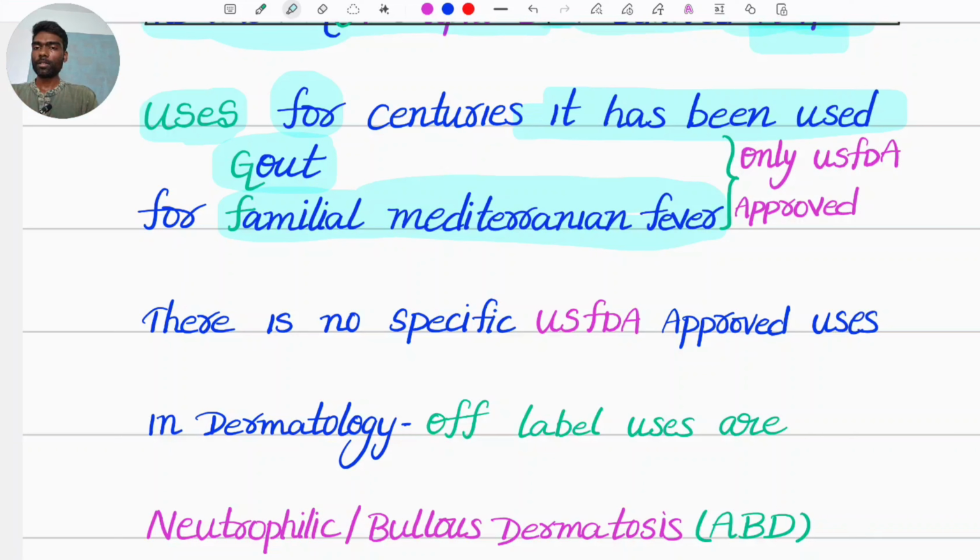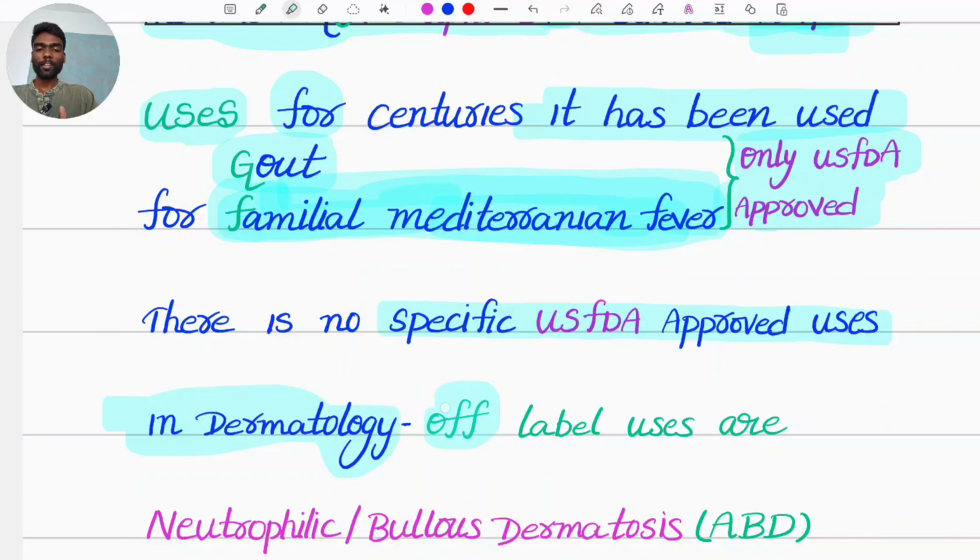If I have to say accurately, it is used for acute gout and in prevention of attacks, and for amyloidosis associated with familial Mediterranean fever. It is one of the periodic fever syndromes. These two are the only FDA approved uses. There are no specific FDA approved uses in dermatology.